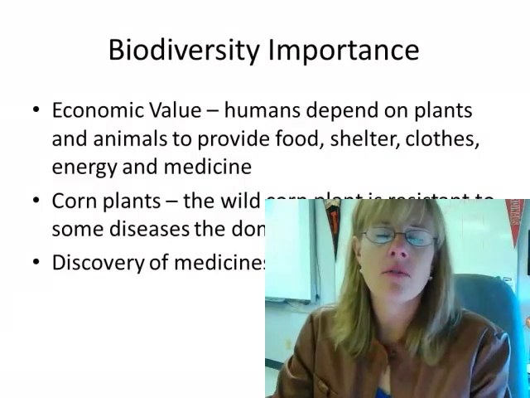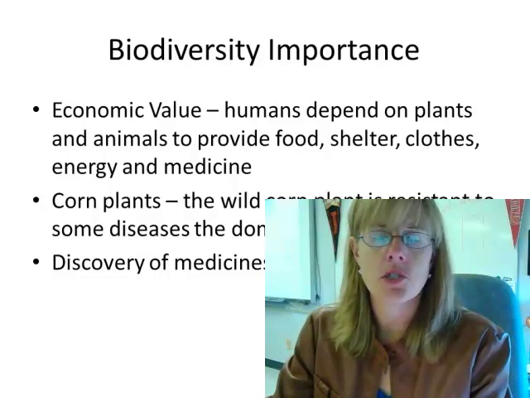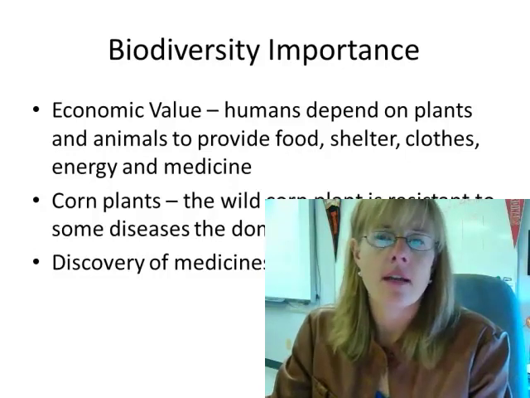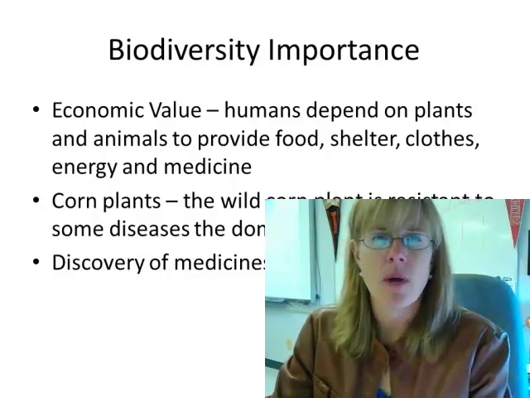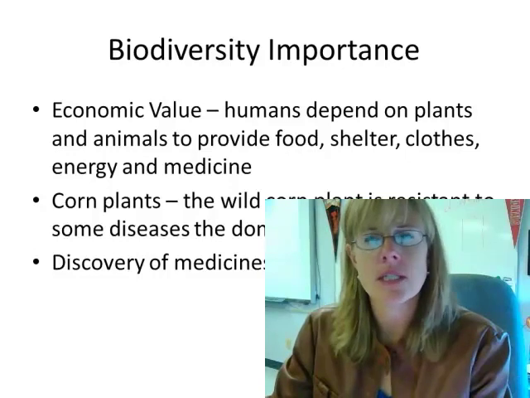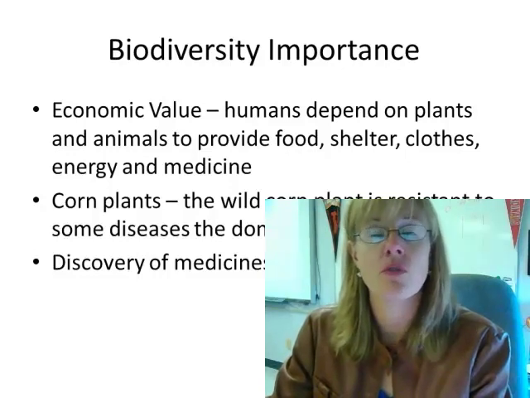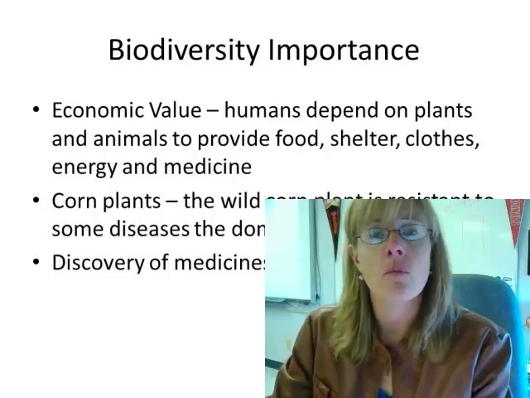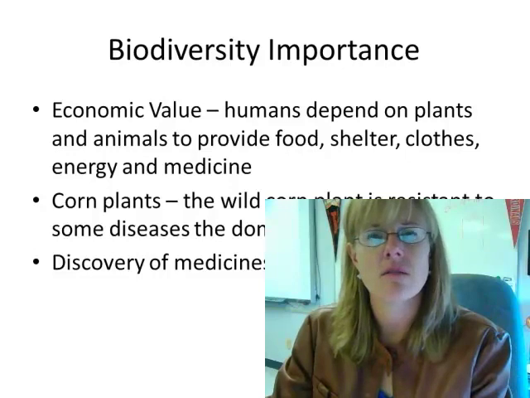Now, biodiversity has an importance. It's just not something that's nice for everybody else. It has an economic value. We depend on that biodiversity, that variety of organisms, for food, for shelter, for clothes, for energy, for medicine. Around here, we have BT corn. We designed that corn to be BT resistant.